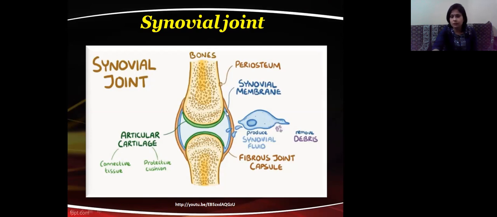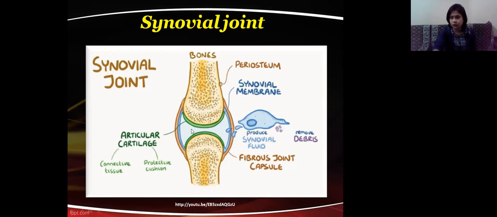On the surface of the synovial membrane, there exist two types of cells, type A cells and type B cells. Type A cells are responsible for removing debris. They clear cellular debris, and type B cells are responsible for producing the contents of synovial fluid.